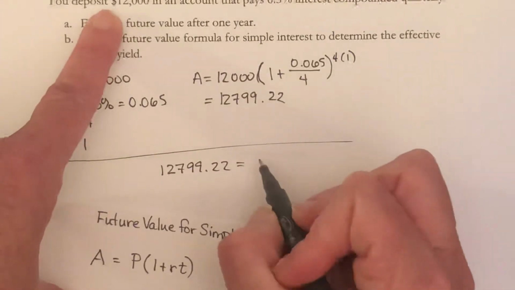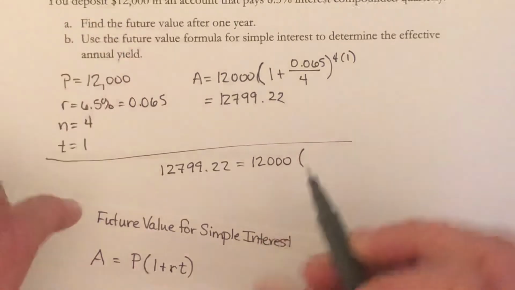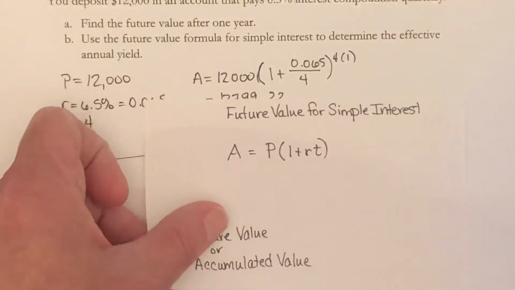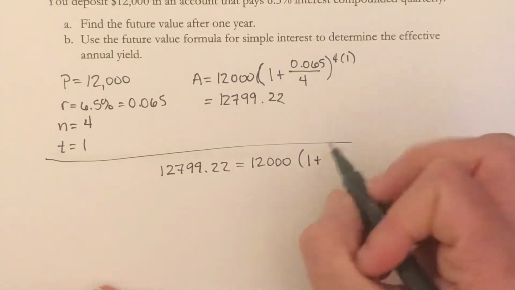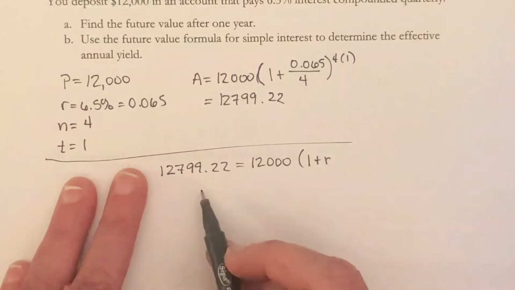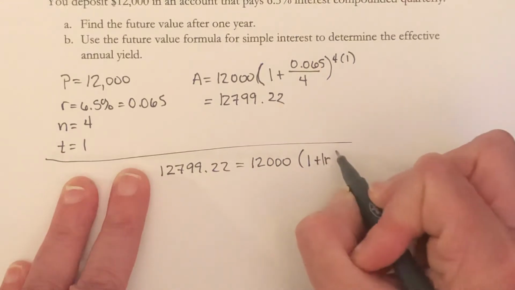We're still depositing the same amount of money, so 12,000 times 1 plus RT. 1 plus our rate times our time. Our rate is what we're looking for because it's going to be different for simple interest. But the time is still 1 year, so that's technically 1R.